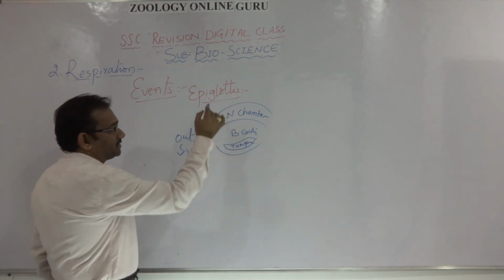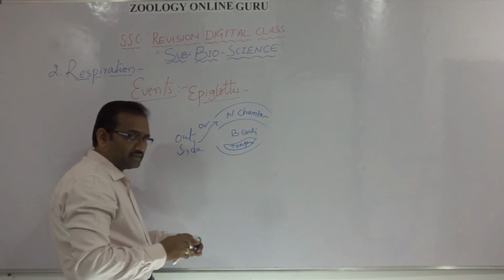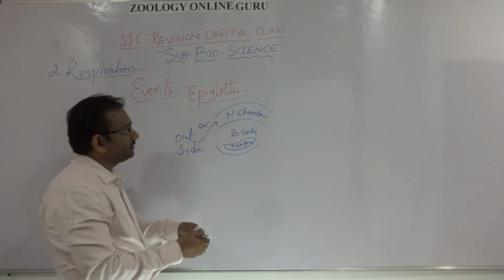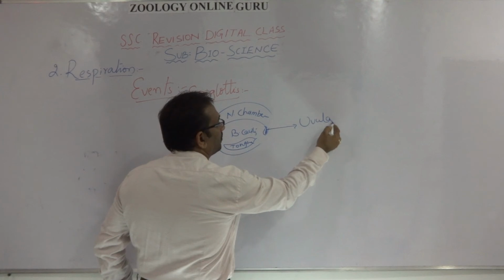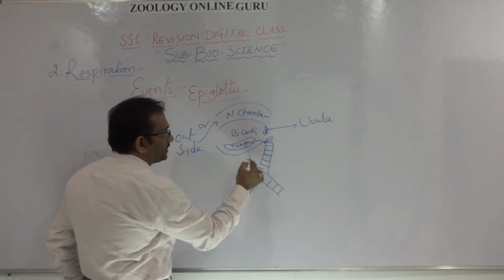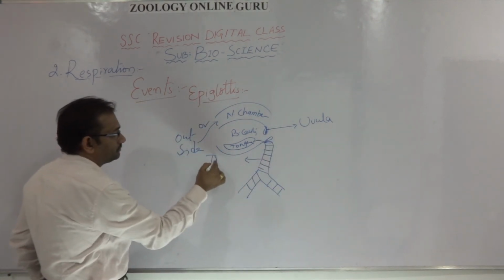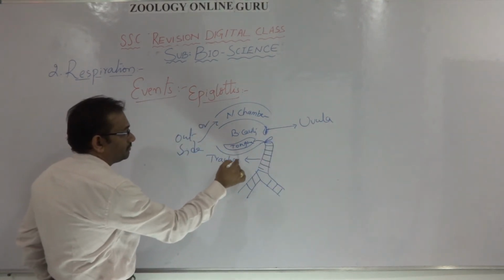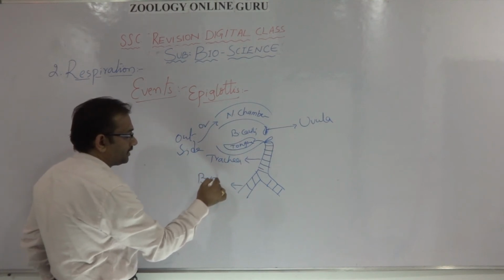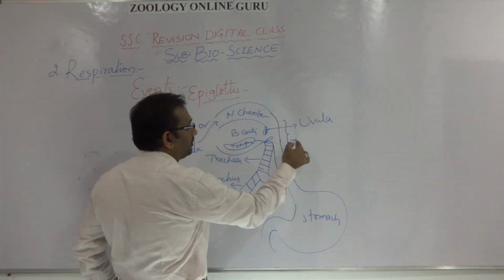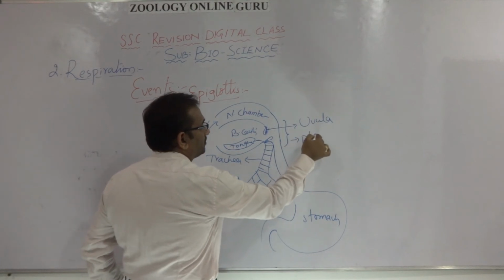Suppose this is the oxygen. So oxygen enters into the nasal chamber. This is called the uvula. So this is the trachea.